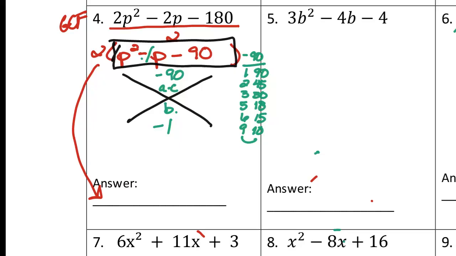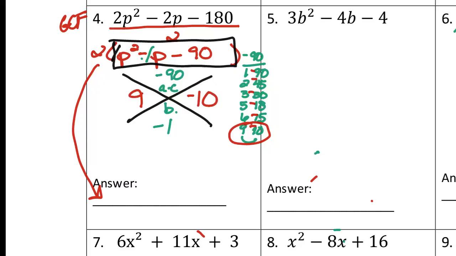And you know you've gotten the last one. Whew. Since this is a negative, all the largest factors are going to be negative. So which pair is going to win? 9 and negative 10. 9 and negative 10.